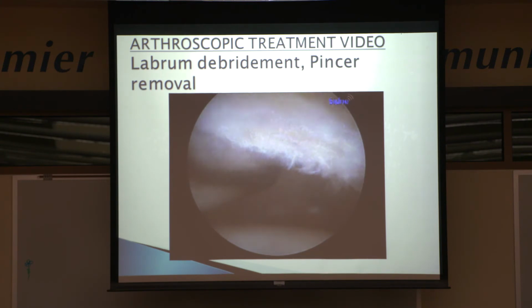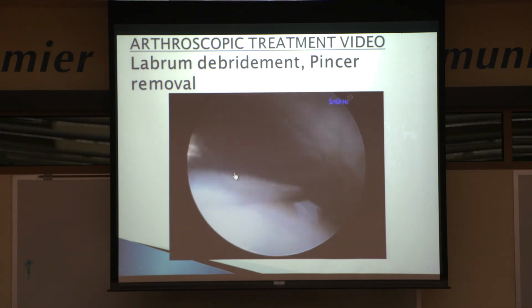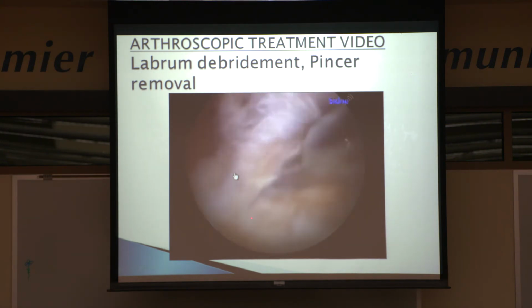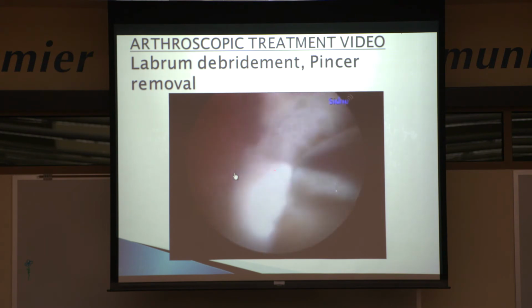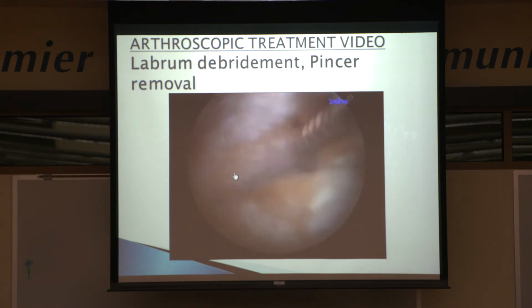So in his case, there was a combination of a pincer lesion, and this was, again, the overhang from the acetabulum. So what we do is we clean up with a little shaver the torn labral tissue. And then what we have to do is get the labrum off the overhang of bone, and we expose that bone that's too much.